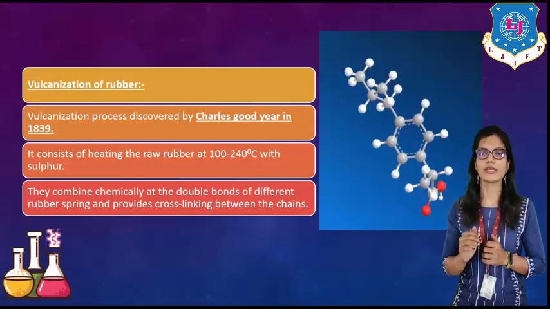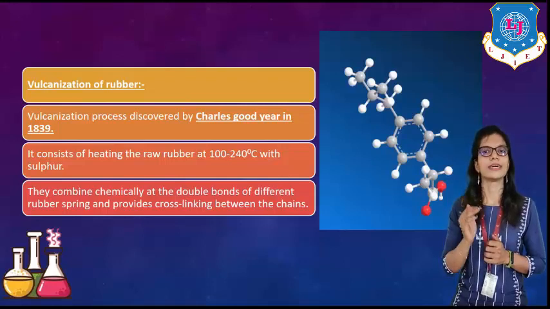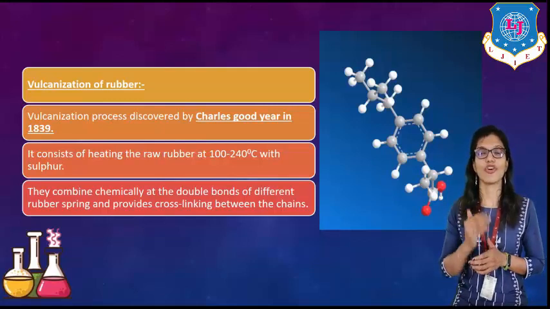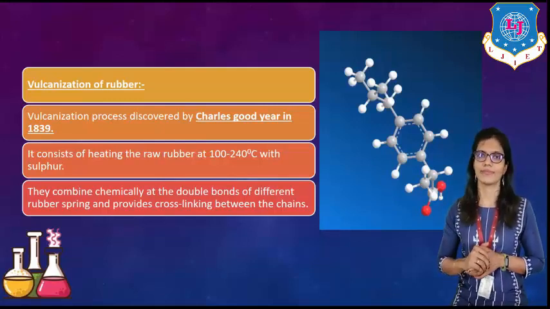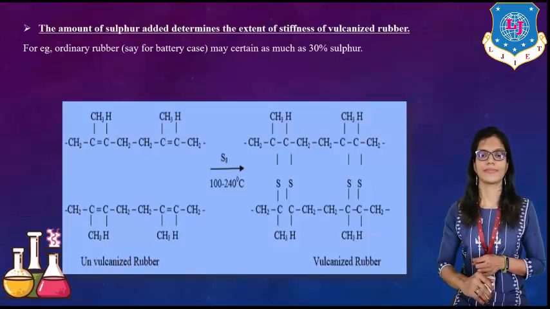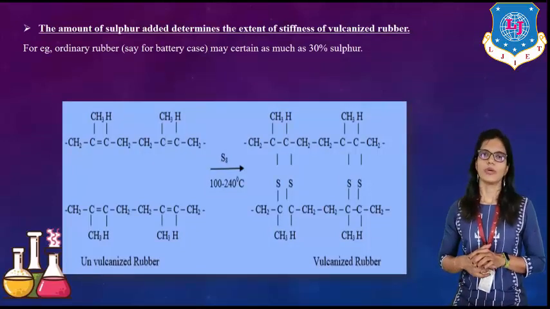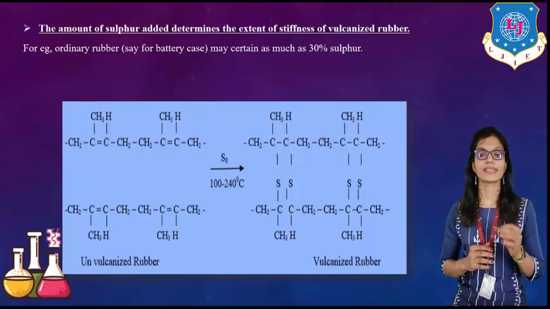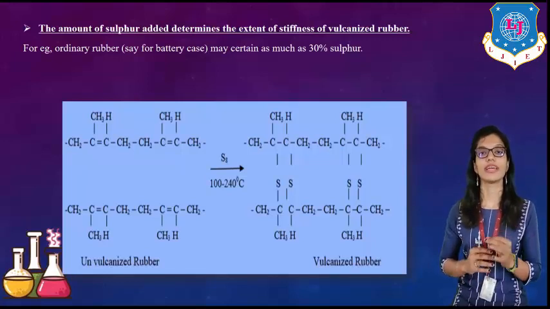From the tires of cars and trucks to the pipelines also, we use vulcanized rubbers only. Now, the amount of sulfur which is added determines the extent of stiffness of the vulcanized rubber.